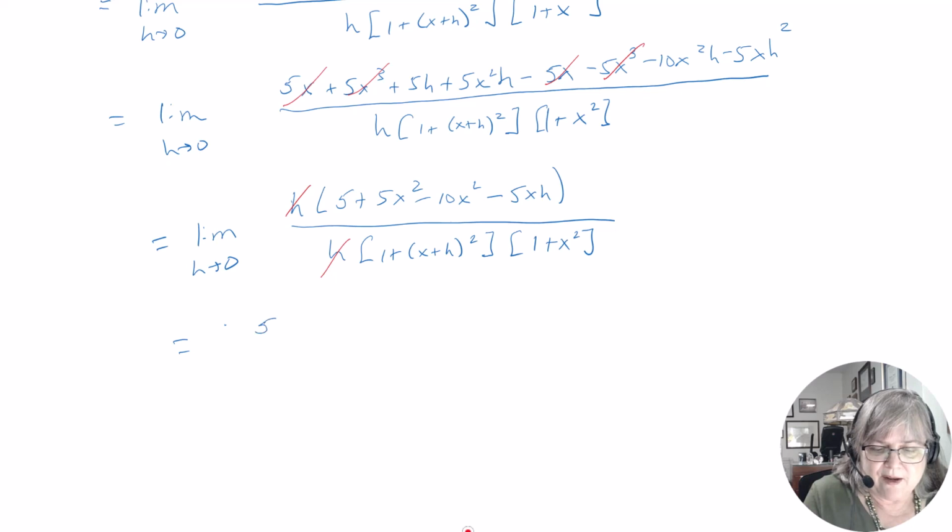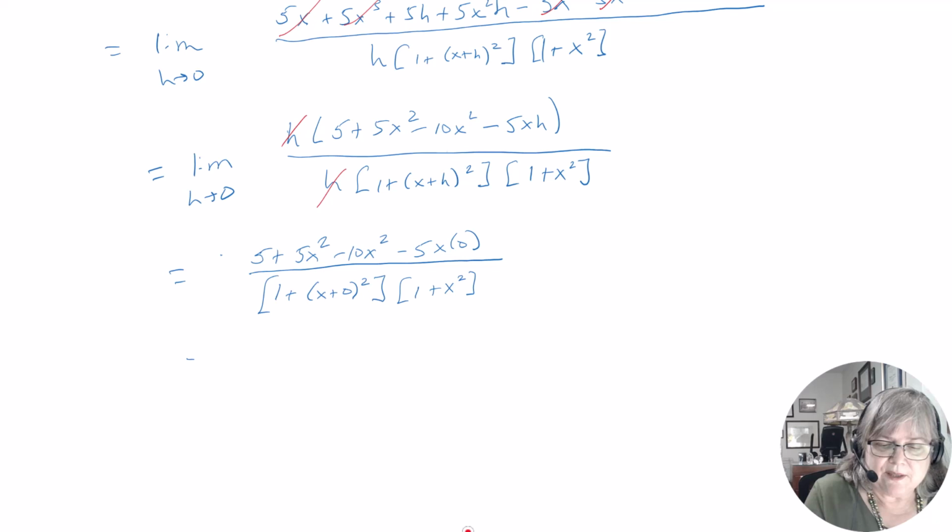So you'd have 5 plus 5x squared minus 10x squared minus 5x times 0 over 1 plus x plus 0 squared times 1 plus x squared. Okay, so this is 5 plus 5x squared minus 10x squared. Now, are you going to be okay if we just sort of clean that up right there instead of writing it all out?